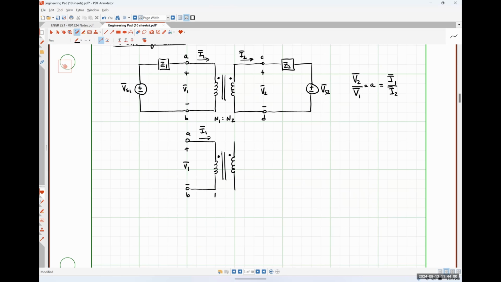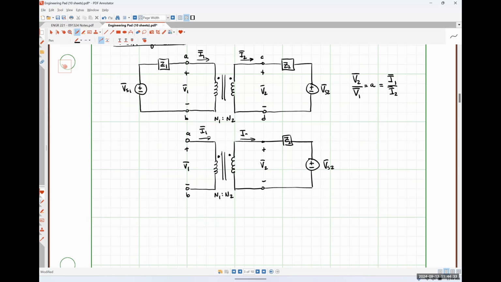Here's my turns ratio N1 to N2. Here's my impedance Z2. Here's my voltage VS2, like so. Plus minus V2.